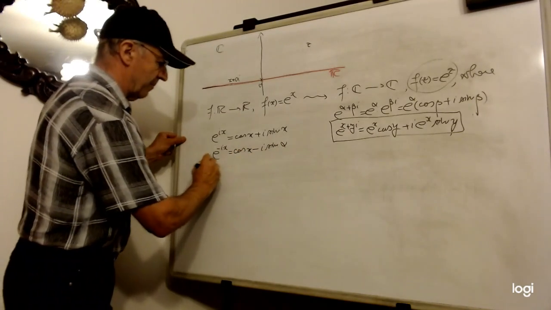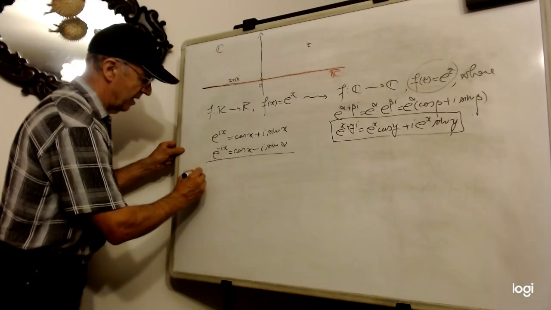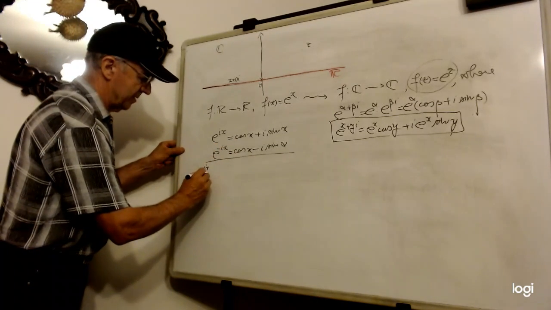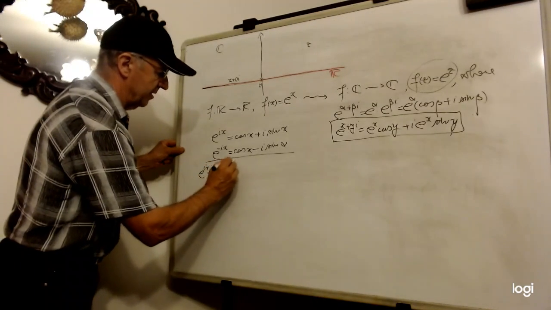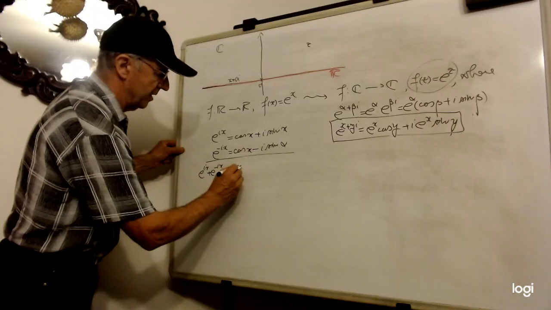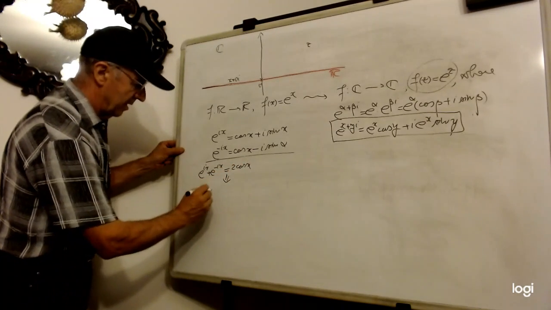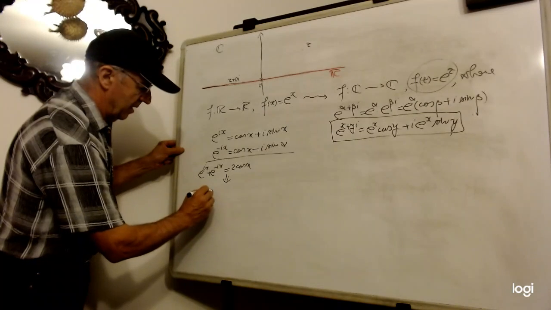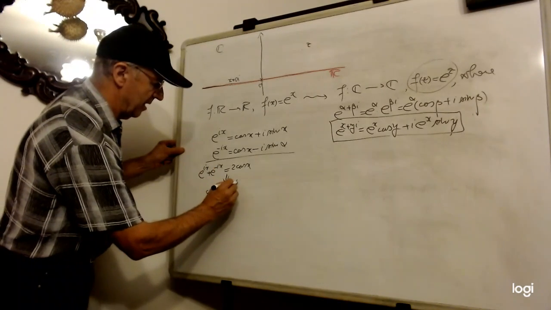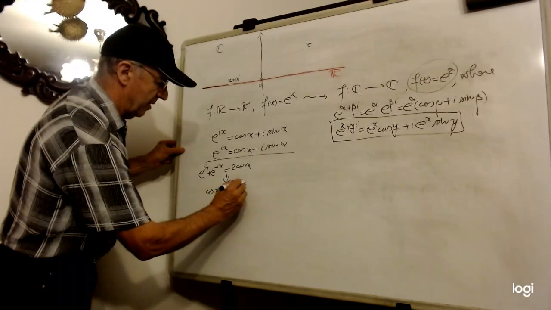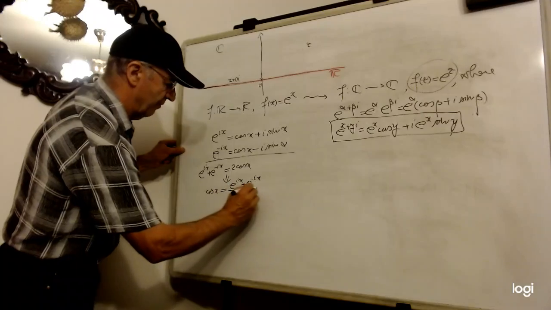If we add these two relations, exponential ix plus exponential minus ix equals 2 cosine of x. So we get cosine of x is exponential ix plus exponential of minus ix over 2.